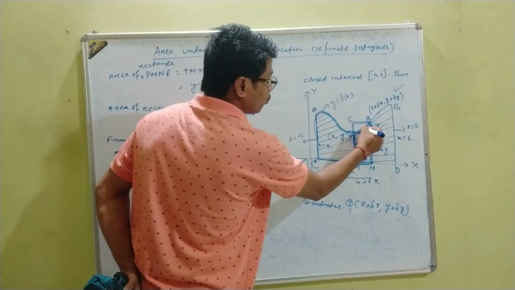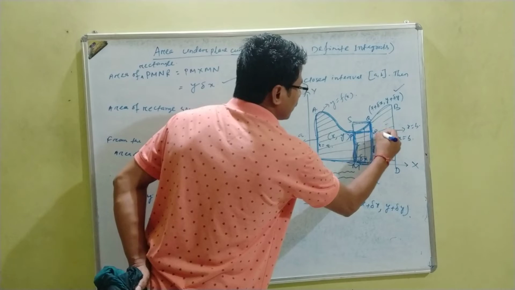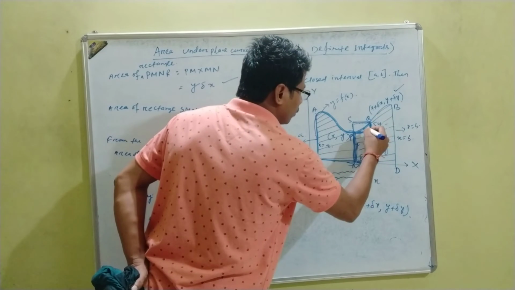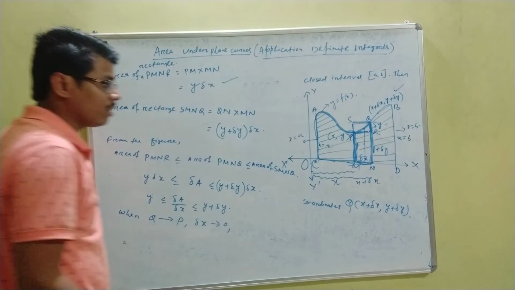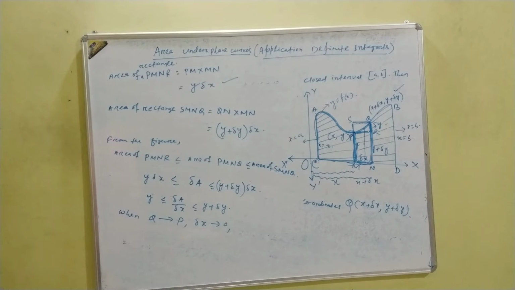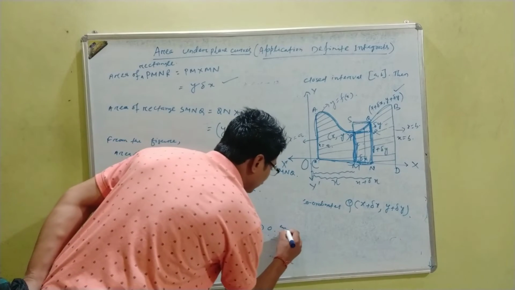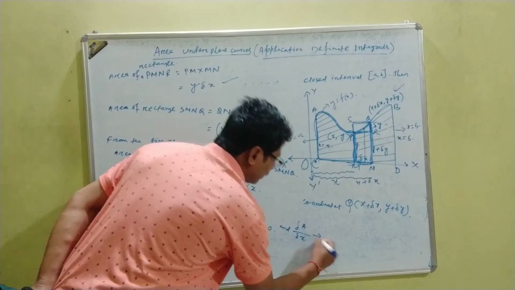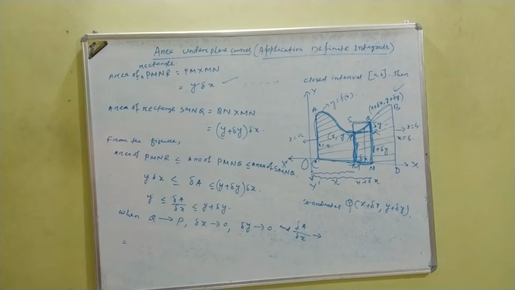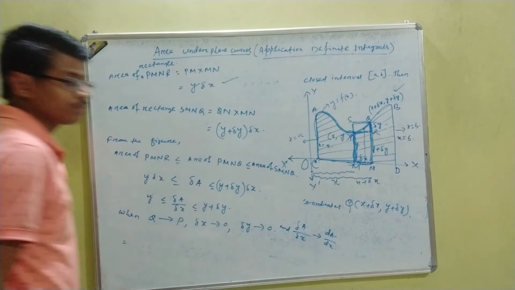If delta x tends to 0, this length delta y is also tends to 0, and delta A by delta x tends to dA by dx.